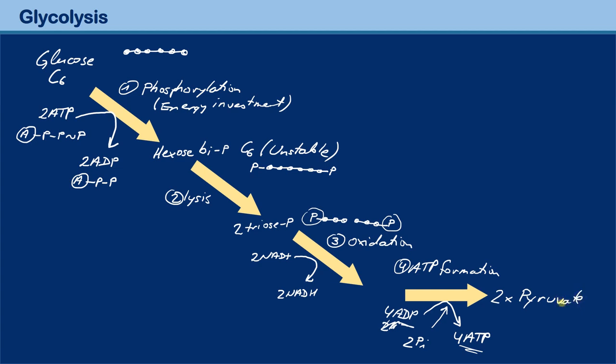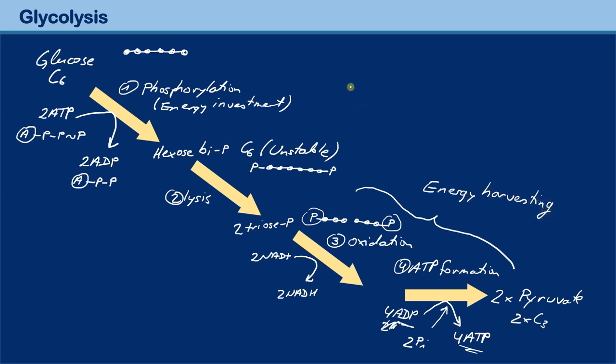Pyruvate, that's supposed to be a V over here, and it's 2 times a C3 substance. Okay, and these are the stages, and what we have over here is the energy harvesting stage. So we're getting more energy out. Energy harvesting.